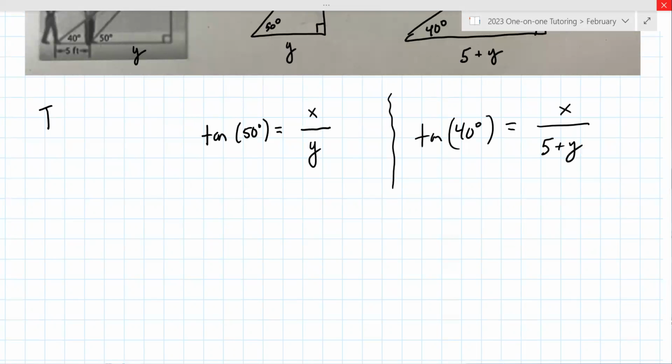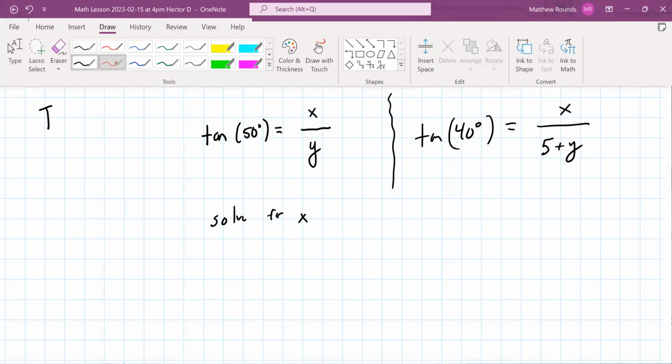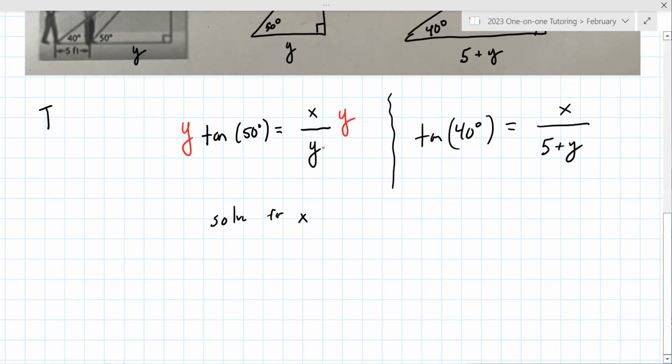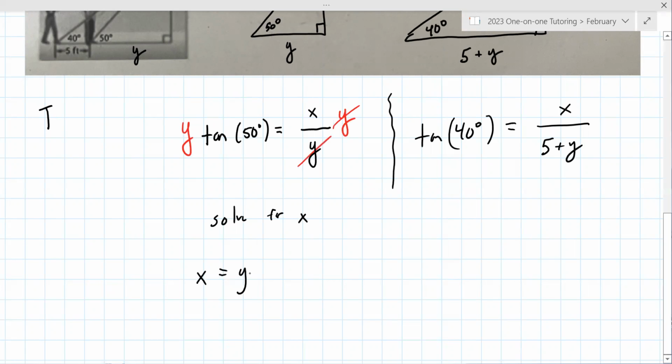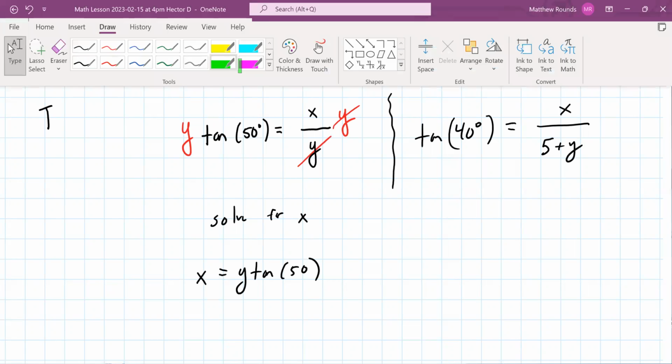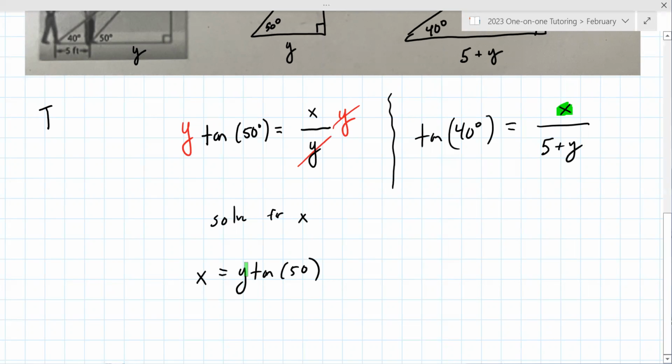Okay, so on the left here, I'm gonna choose to solve for x. To do that, you're gonna multiply both sides by y, which clears out the y's. So that's x equals y tangent 50. Is that okay? Now in the other equation, wherever you see an x, you're gonna replace it with y tangent 50.